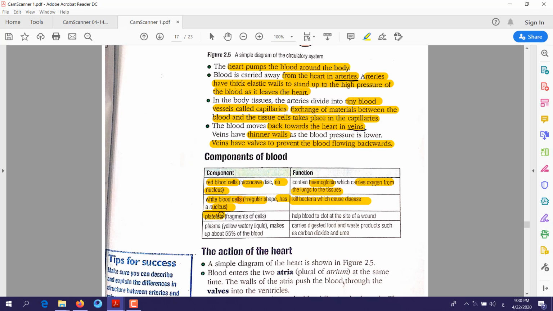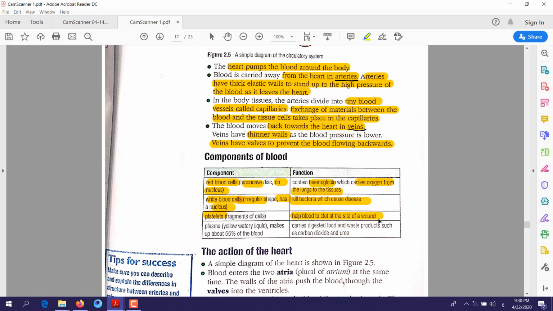Then another component, we call it platelets. Platelets are fragments of cells. The function of it is to help blood clotting. It stops bleeding, for example, by helping blood to clot at the site of a wound.